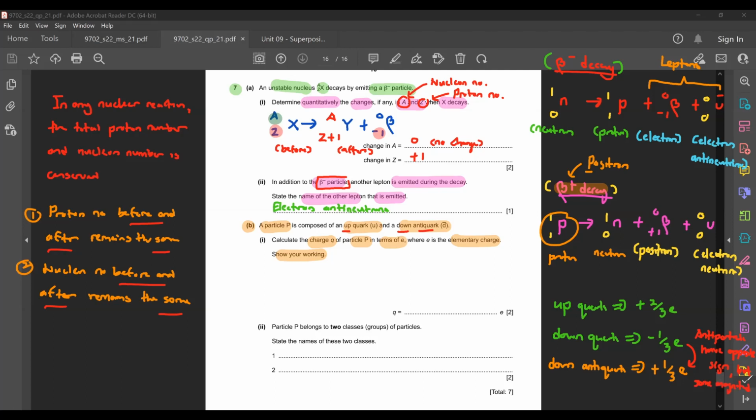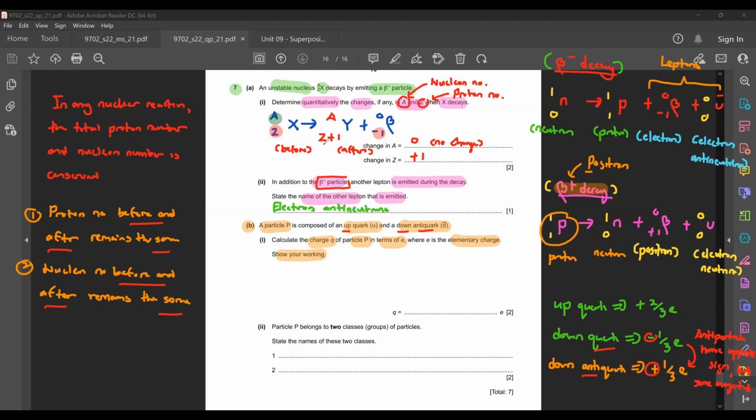If you're going from a particle to an antiparticle, the magnitude of the charge will remain the same, but the sign will change. So if a down quark is negative 1 over 3e, a down antiquark will be plus 1 over 3e. Okay, the sign is just opposite.